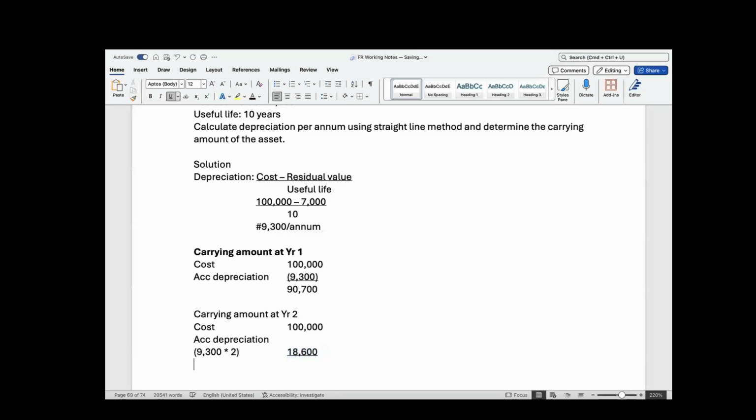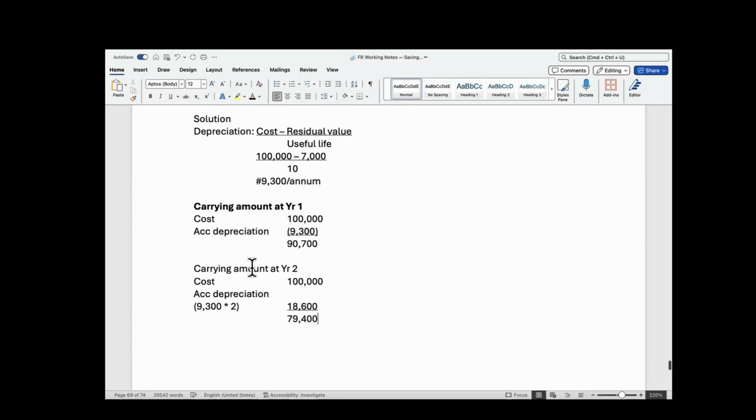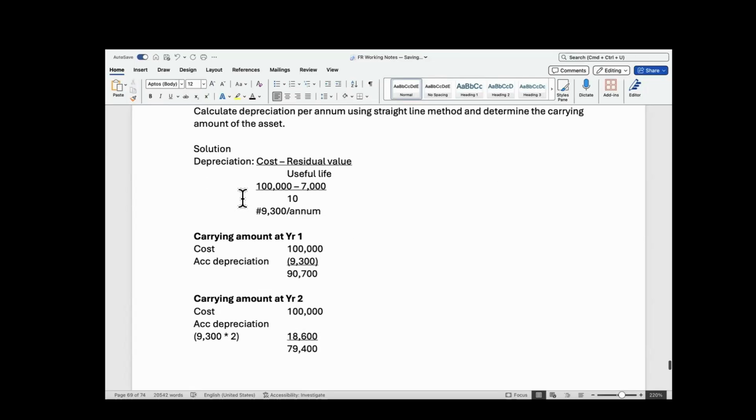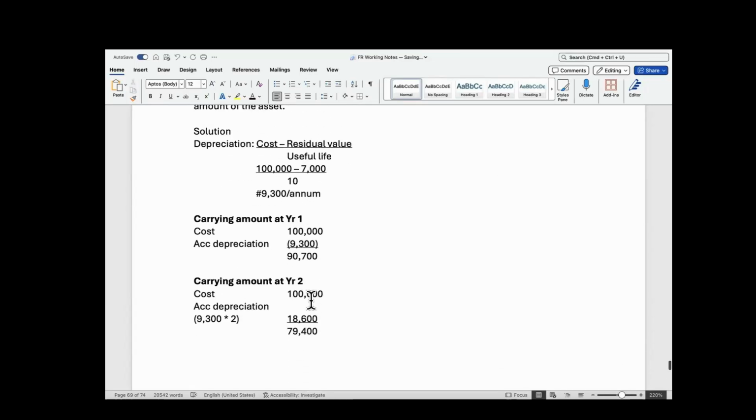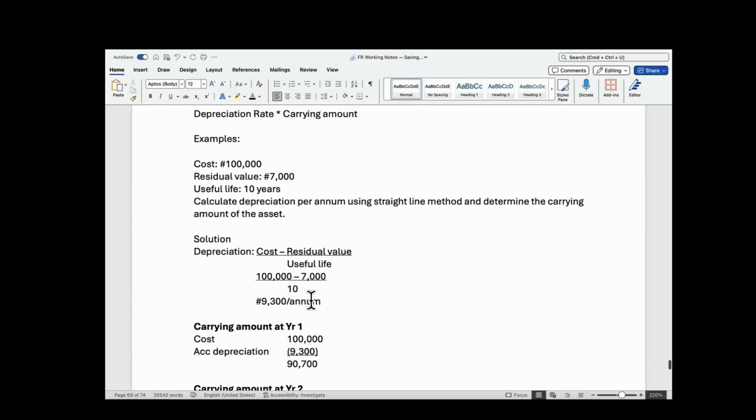So what will be my carrying amount in this case? That would be 81,400. Remember, with this solution, I can do the same thing for year 3, year 4, year 5, year 6, up to year 10.